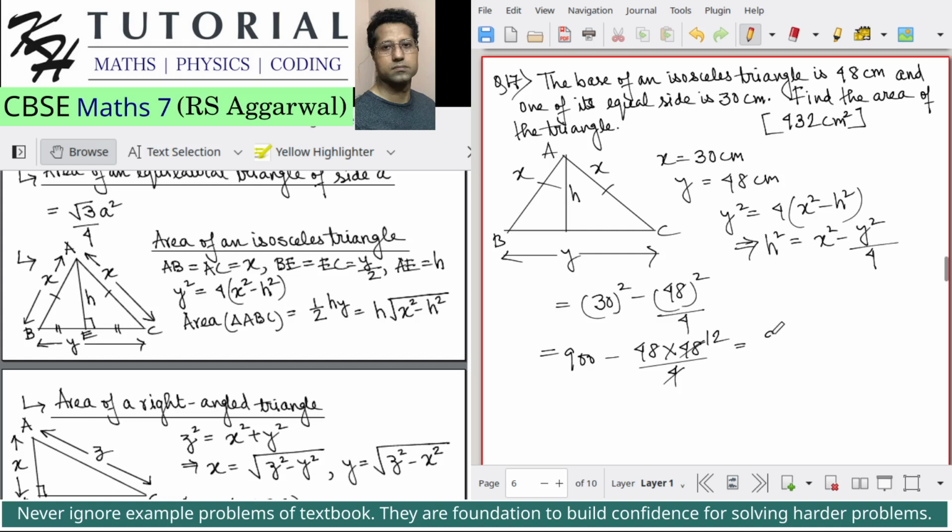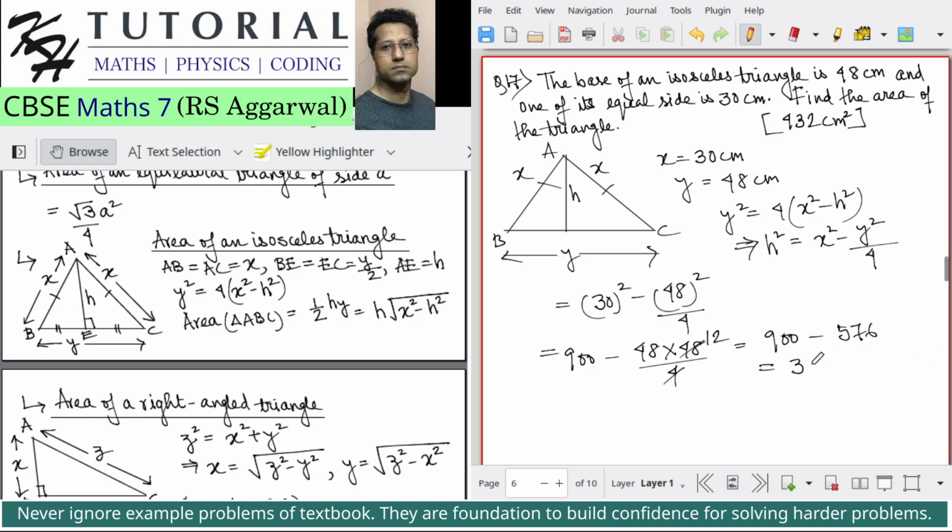So this is 900 minus, I'm again using the calculator, 48 multiplied by 12 is 576. 900 minus 576 is 324.